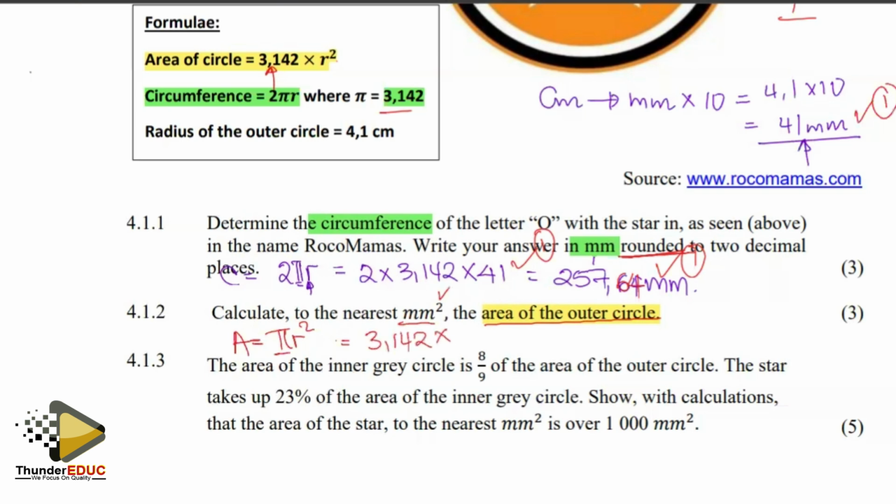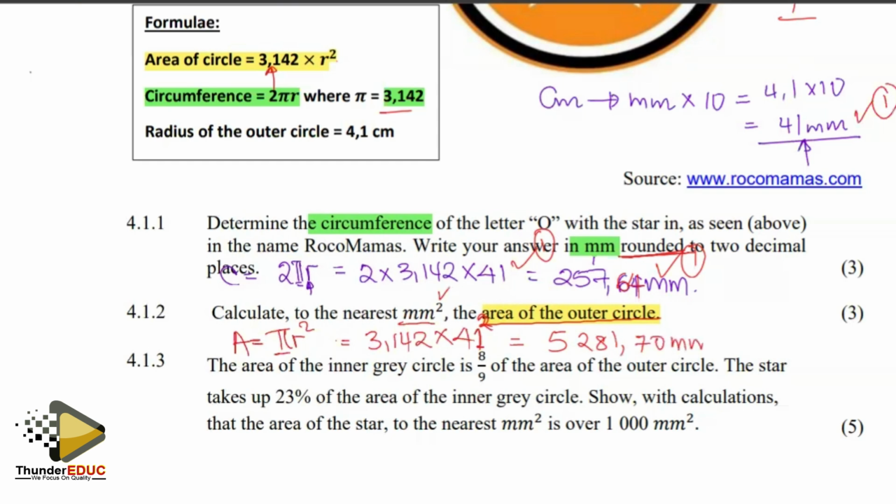So we shall say 3,142 times 41. Don't forget, it is squared. You put the 2 above there. So you end up having 3,142 times 41 squared. You end up having 5,281,6 0.70.